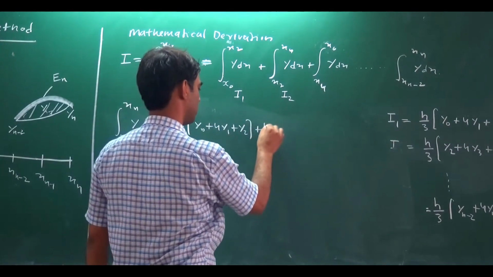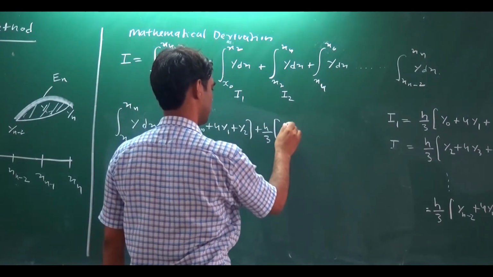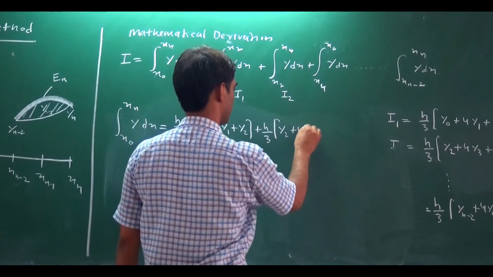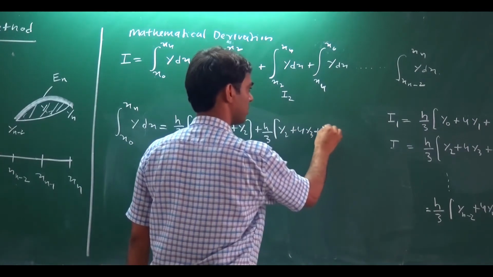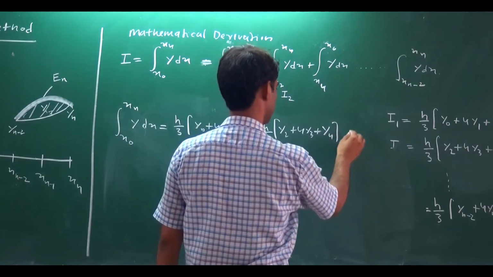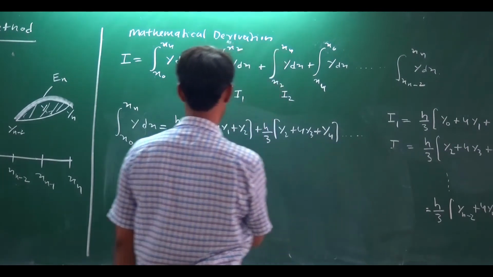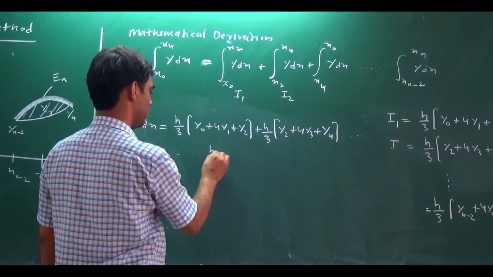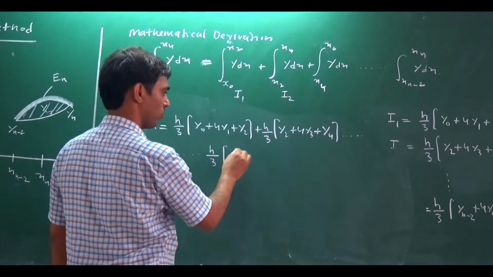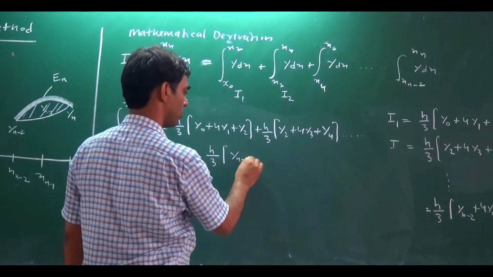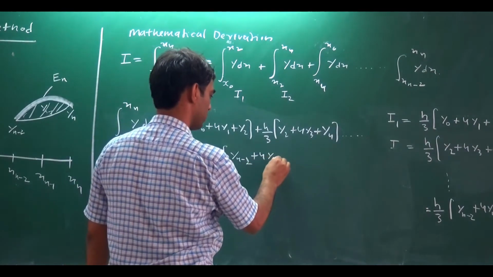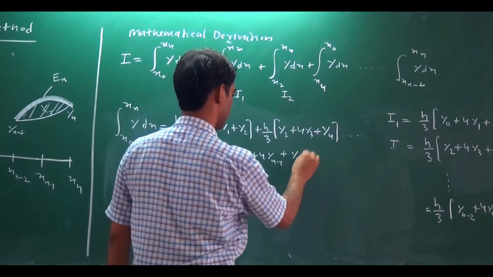The second term is h by 3 times y2 plus 4y3 plus y4. In a similar manner, the last term is h by 3 times yn minus 2 plus 4yn minus 1 plus yn.